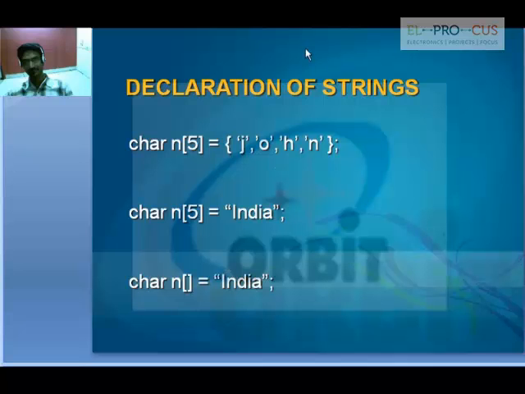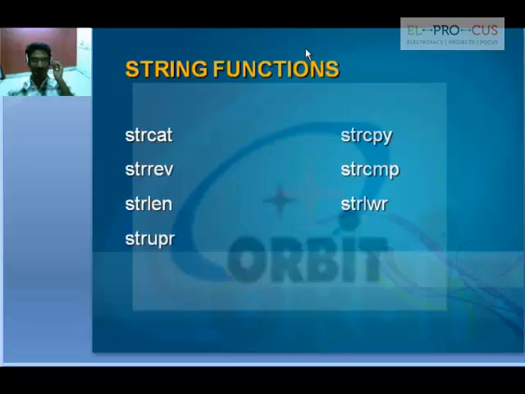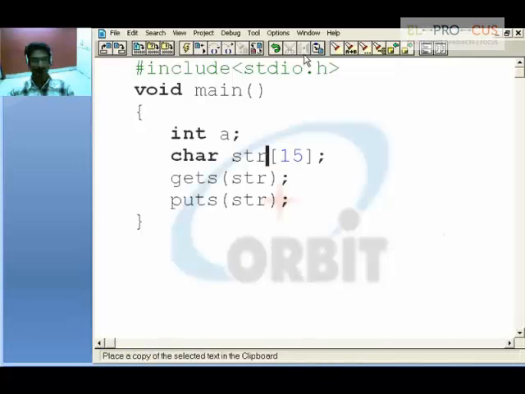The common general use predefined functions in strings are strcat for string concatenation, strrev for string reverse, strlen for string length, strupr to get the string uppercase, and similarly strcpy for string copy, strcmp for string comparison, and strlwr for string lower.